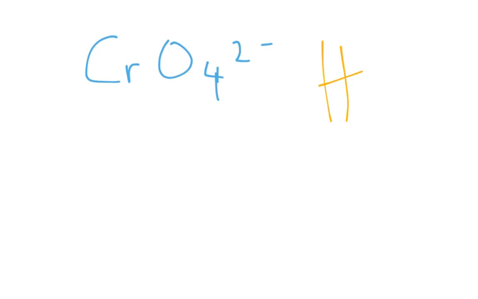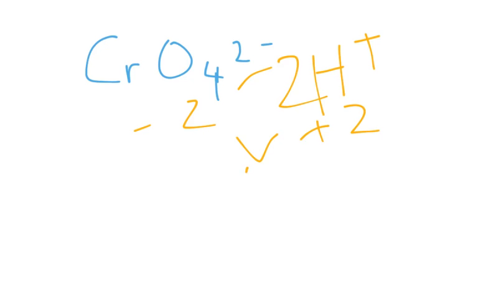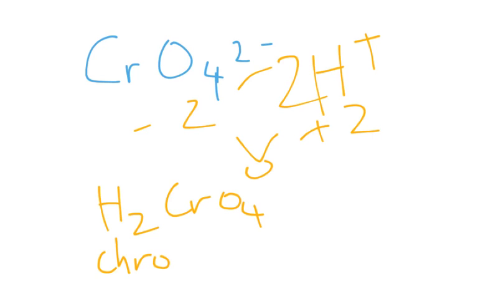So you can think of an acid as kind of like a salt, but not really. But you can still think of it as a salt. So if this is 2- and this is H plus, we need two of them so that it's +2 -2, 0. So our chemical formula for this acid would be H2CrO4. This would be called chromic acid because we changed the ate to an ic.